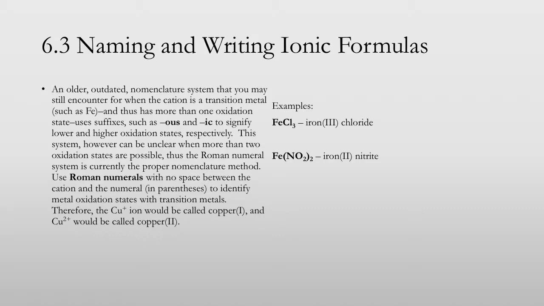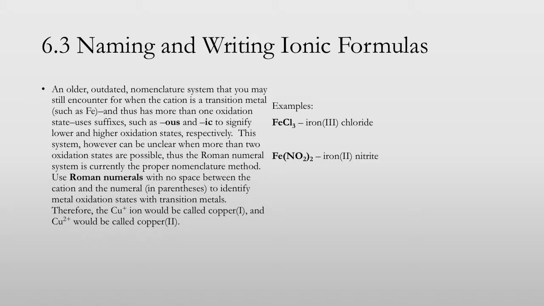This system, however, can be unclear when more than two oxidation states are possible. Like manganese has 3 or even 4 different possible charges that it can have, so it's not usable to use just 2 different things.